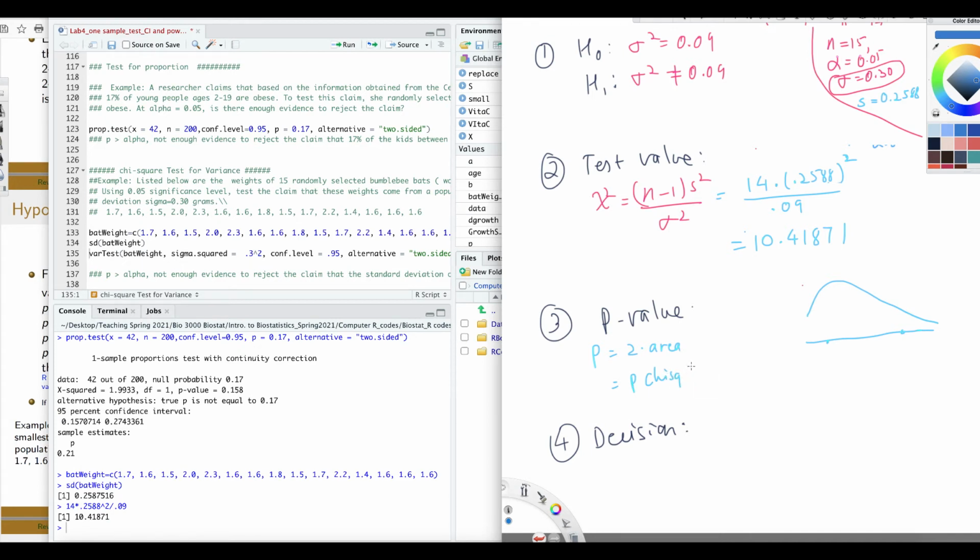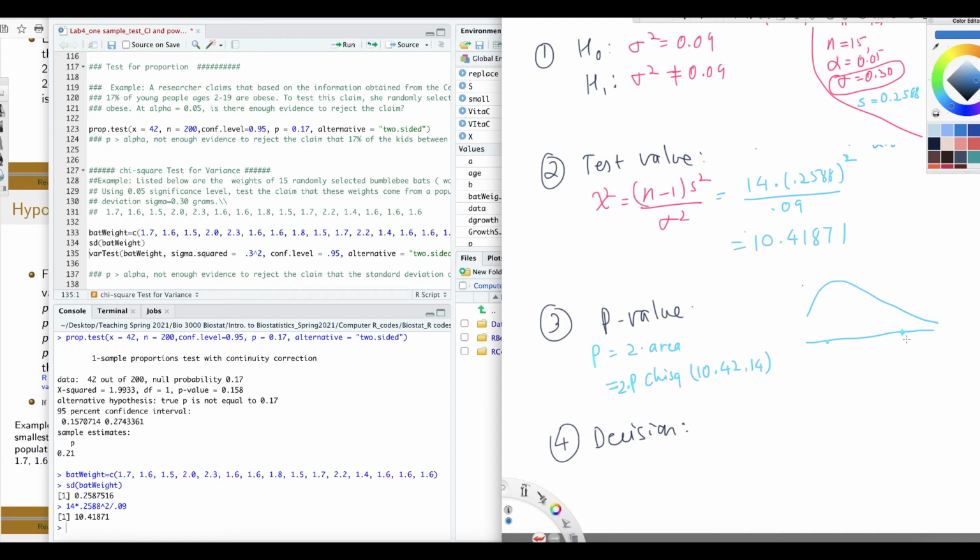So if you do pchisq, what is the test value? It is 10.42, and the degrees of freedom is 14. By the way, there is 2 times. P is a probability, so it cannot be bigger than 1. Since we don't know whether 10.42 falls on the left or right, pchisq finds the area left of that.